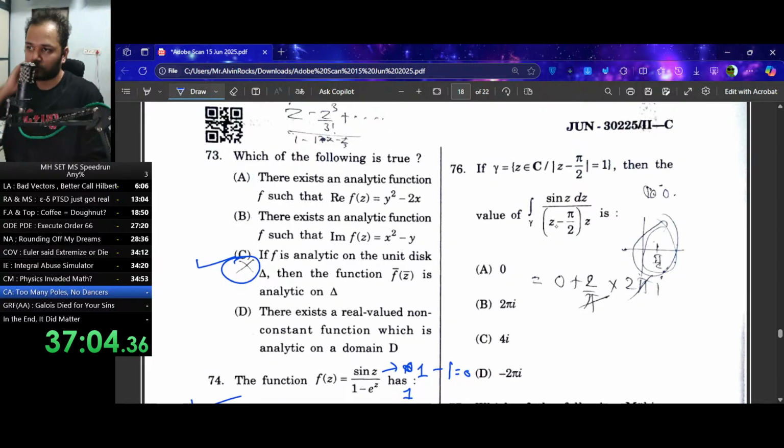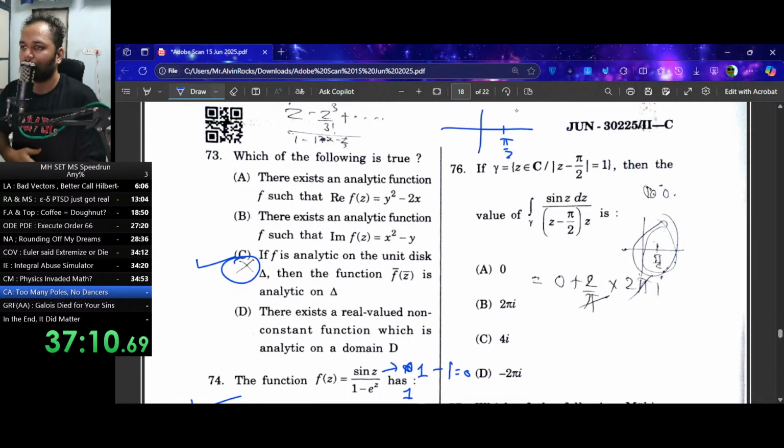I'll write this one. Okay, the circle is at the center pi by 2, radius 1. Radius 1 means it will also contain 0 as well. Idiot. Like this it will be. Okay. Therefore, poles are z is equal to 0, z is equal to pi by 2.